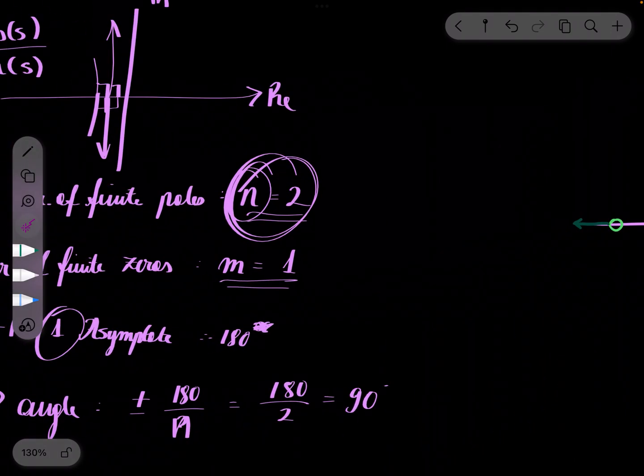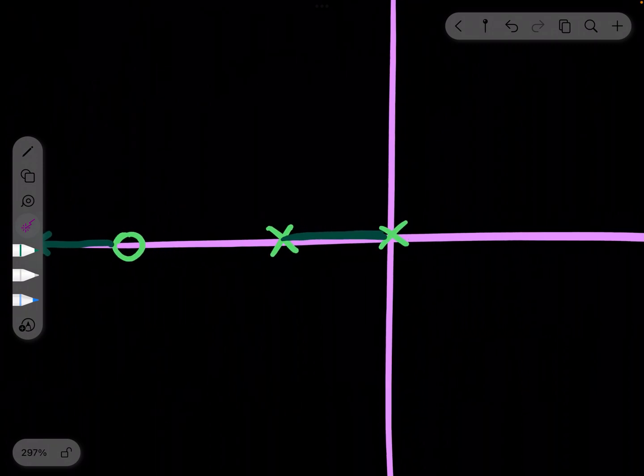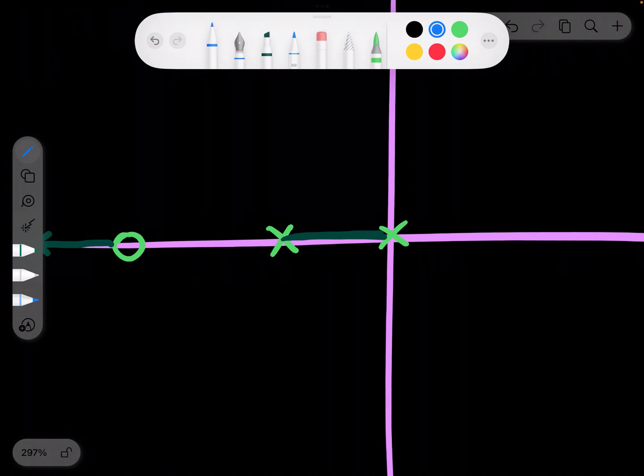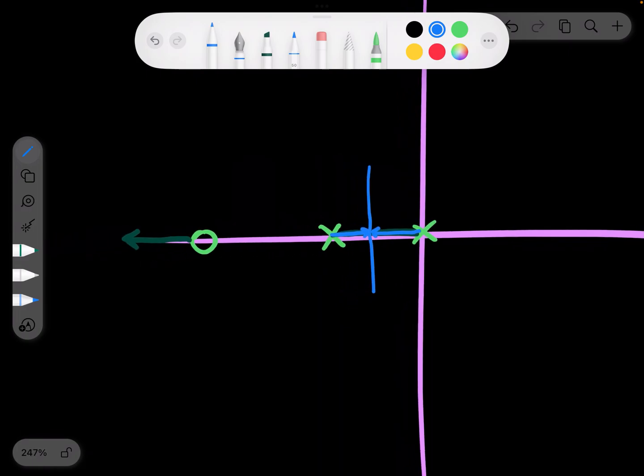Now, what's going to happen between the 2 poles? Because you have 2 poles, you know they're going to meet somewhere in the middle and then diverge. And then you have a complex conjugate pair. This is because they're two poles. So this is what happens at 2 poles. Where are they going to go off?